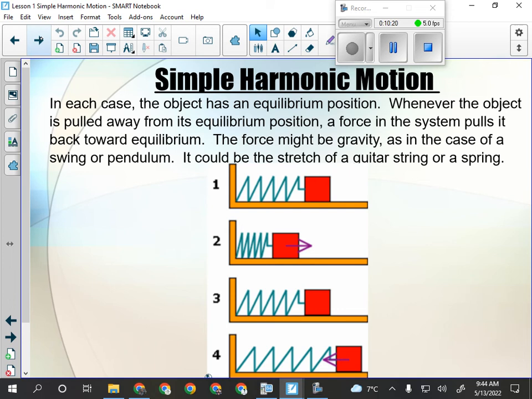All right, so with this diagram here, our equilibrium position would be right here, right down the middle. So there's a maximum displacement this direction, and you can see that the restoring force is represented by this purple arrow. It's opposite the displacement. The box moved to the left, the restoring force is pulling back towards equilibrium, or to the right.